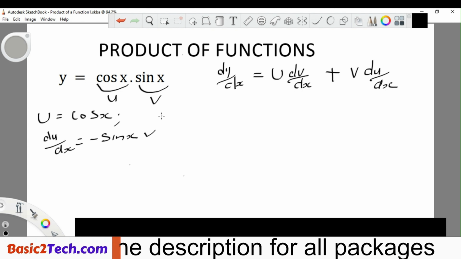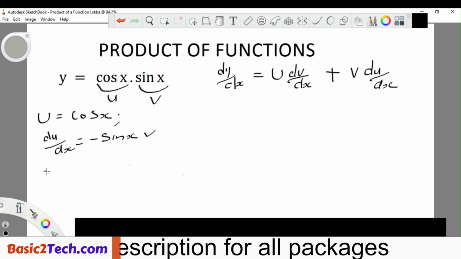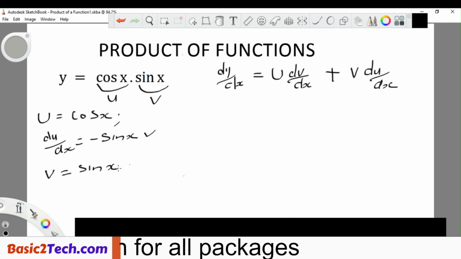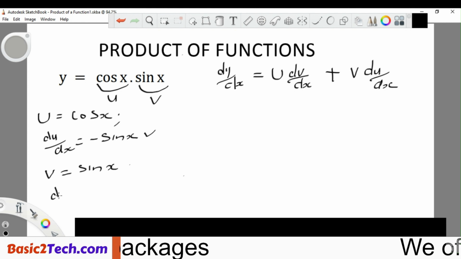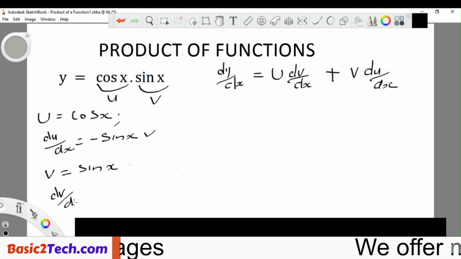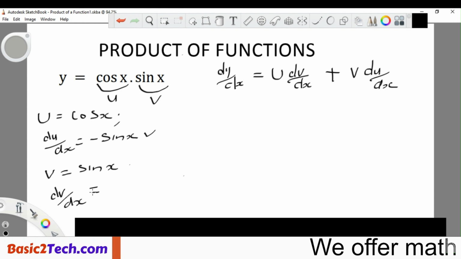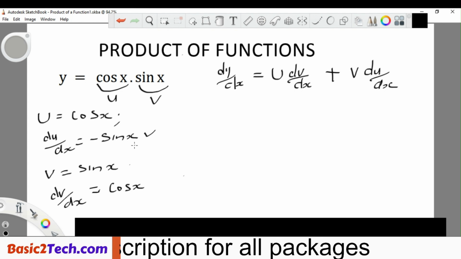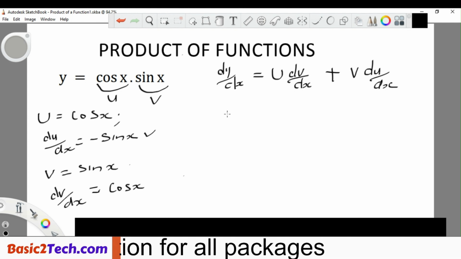All right. Next is v. v is equal to sine x. And when we differentiate v with respect to x, we get cos x. All right, so we know all our unknowns. So back to our question.